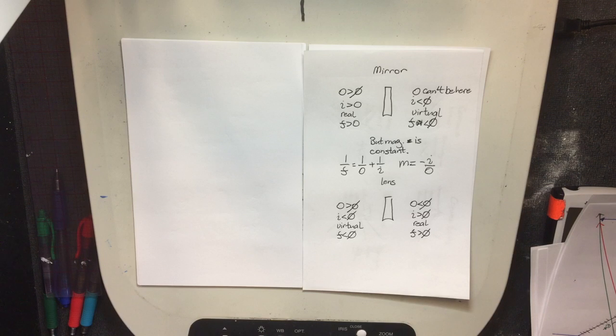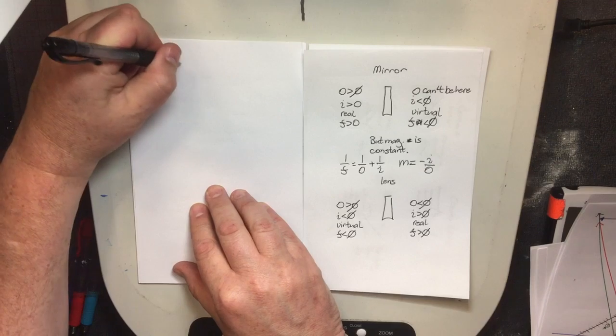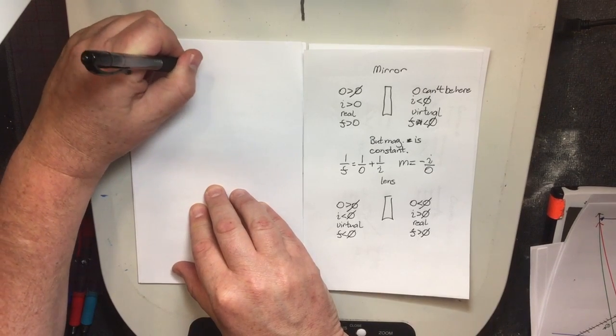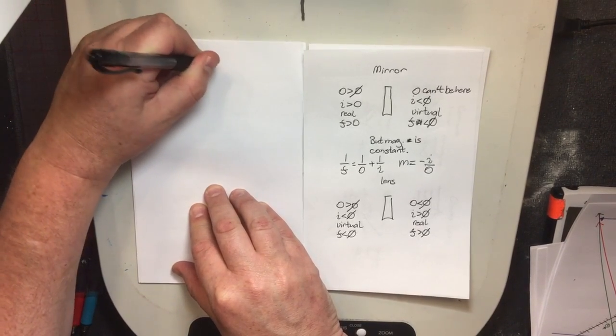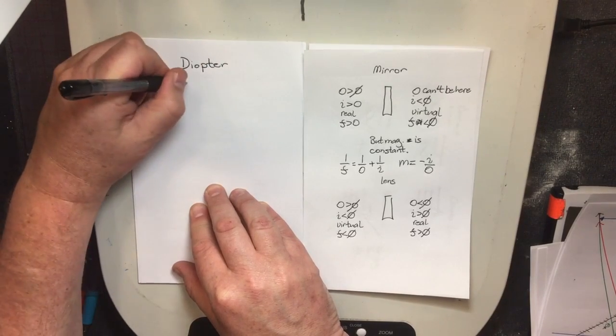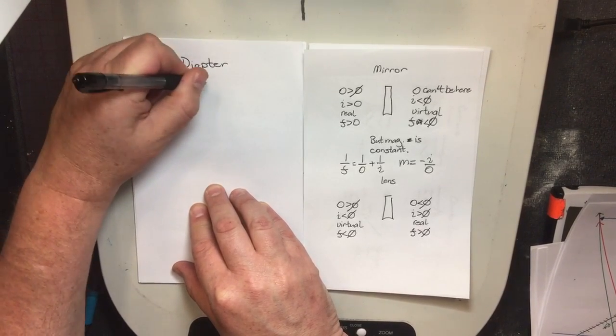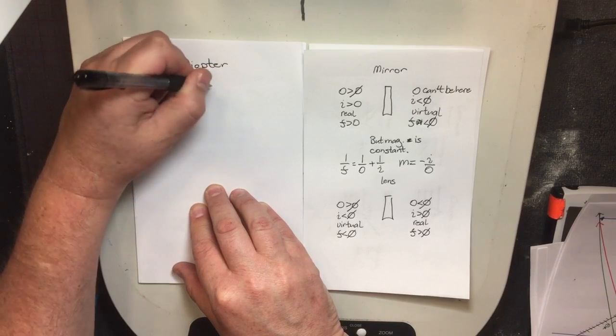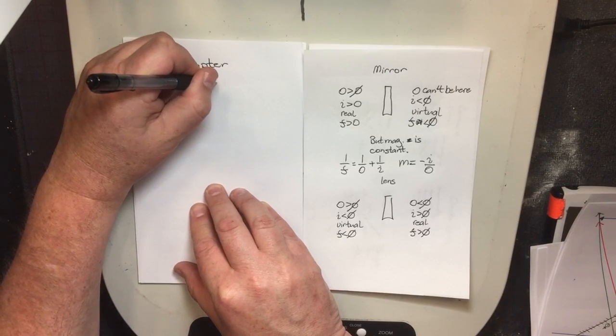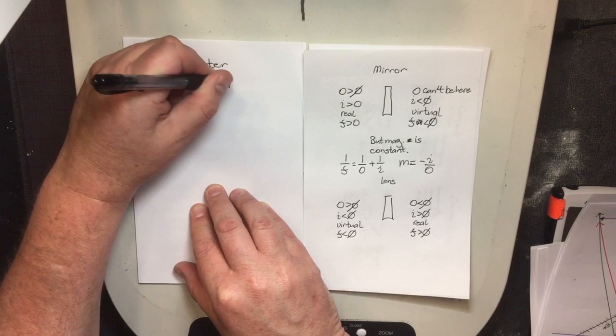Now there is something before we go, we have to introduce a unit called a diopter. 1 diopter, capital D, is 1 inverse meter.